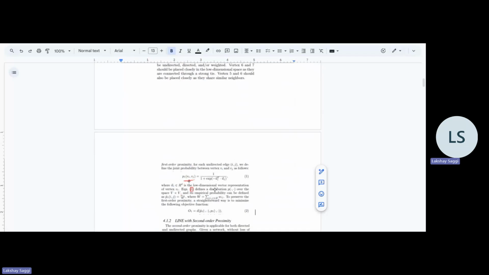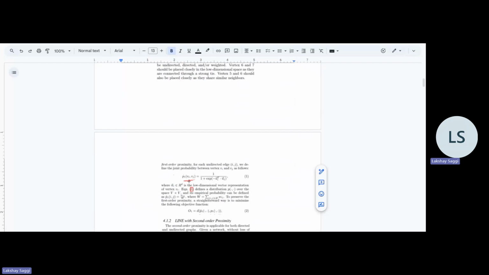So essentially this equation defines the probability distribution over the space of V cross V, and the empirical probability distribution, which we know already, is Wij divided by W. So this is the probability distribution which we are expressing in terms of some parameters, and this is the distribution which we know actually exists.